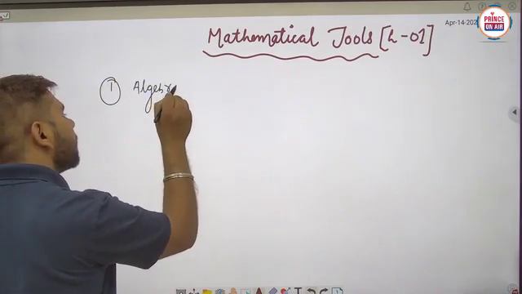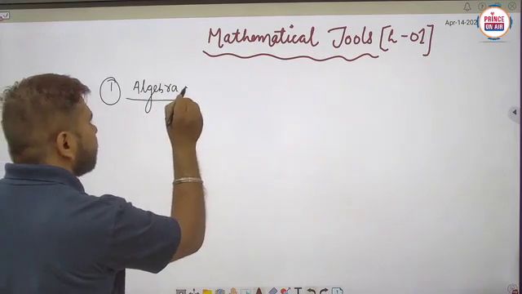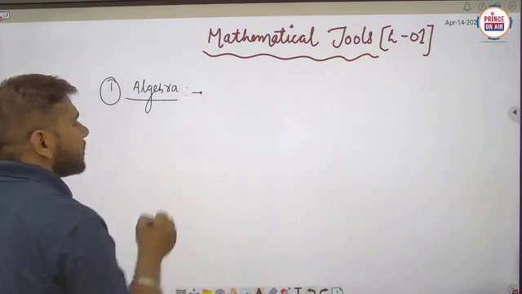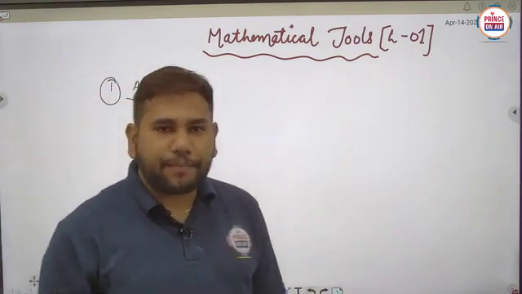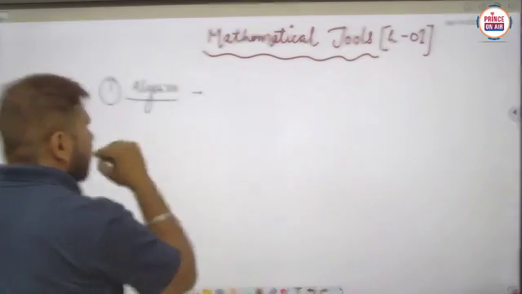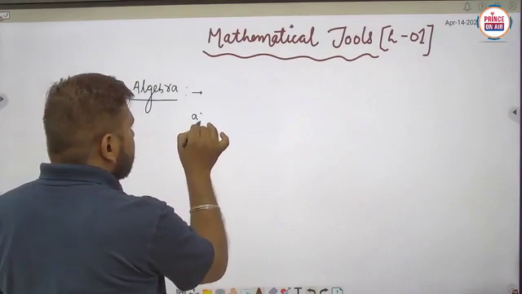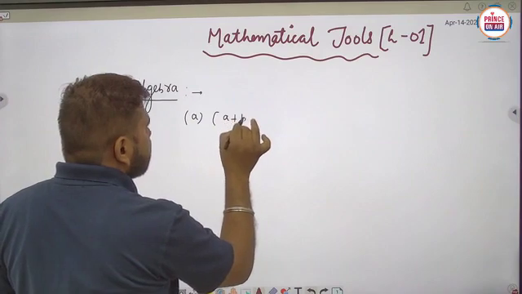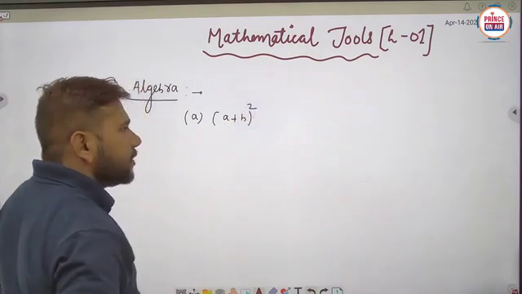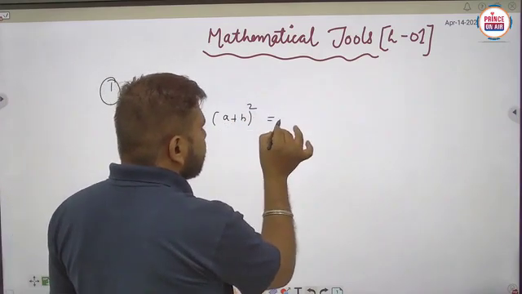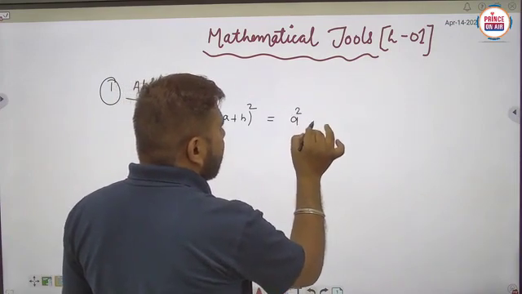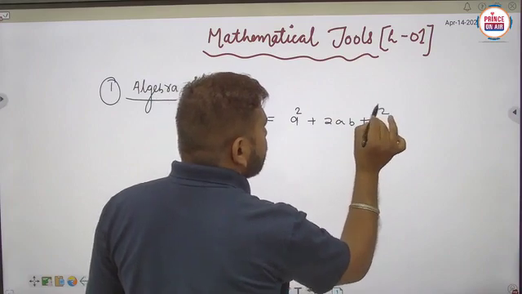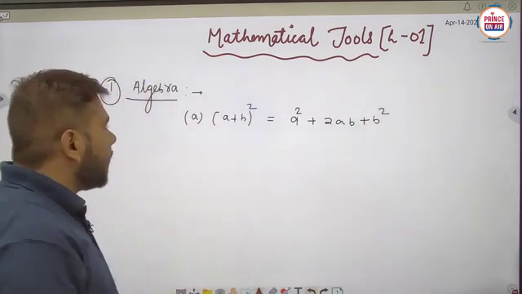The first topic is algebra. In algebra, we will discuss some important formulas. The first formula is (a + b) whole square, that is equal to a square plus 2ab plus b square. Clear beta?